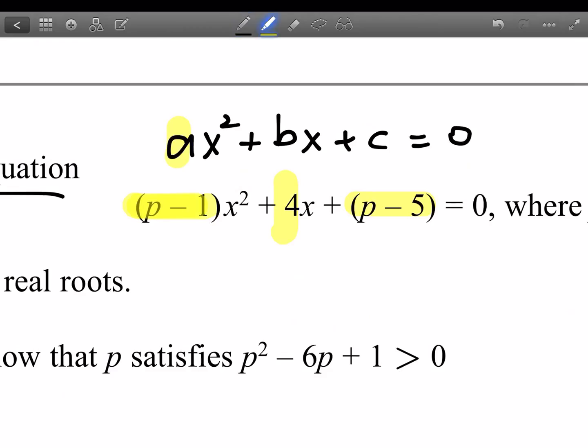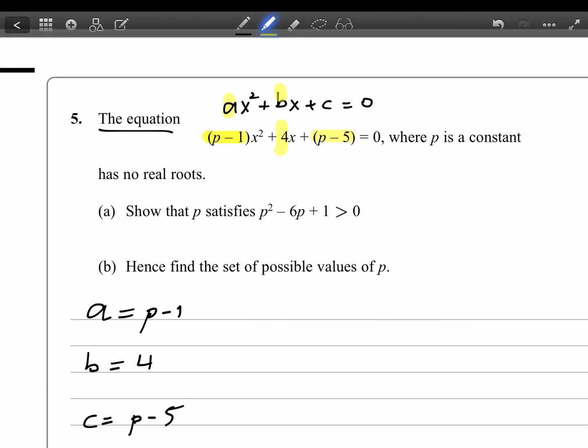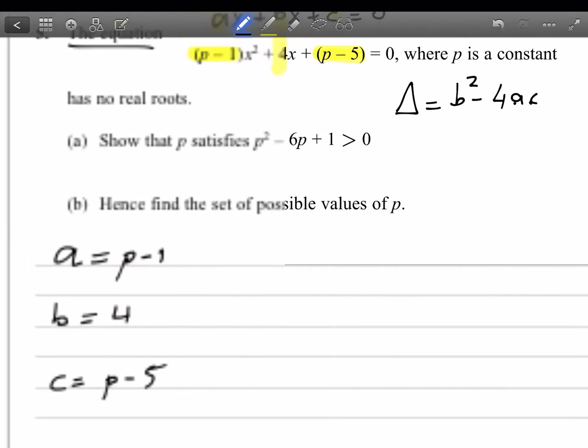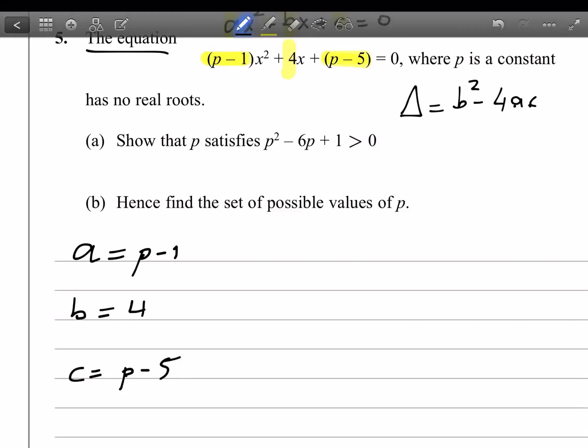Then a is p minus 1, b is 4, and c is p minus 5. And we will just apply the formula. Discriminant b squared minus 4ac. Let's do it. B is 4, 4 squared is 16, minus 4 times a, p minus 1, times c, p minus 5 should be less than 0.